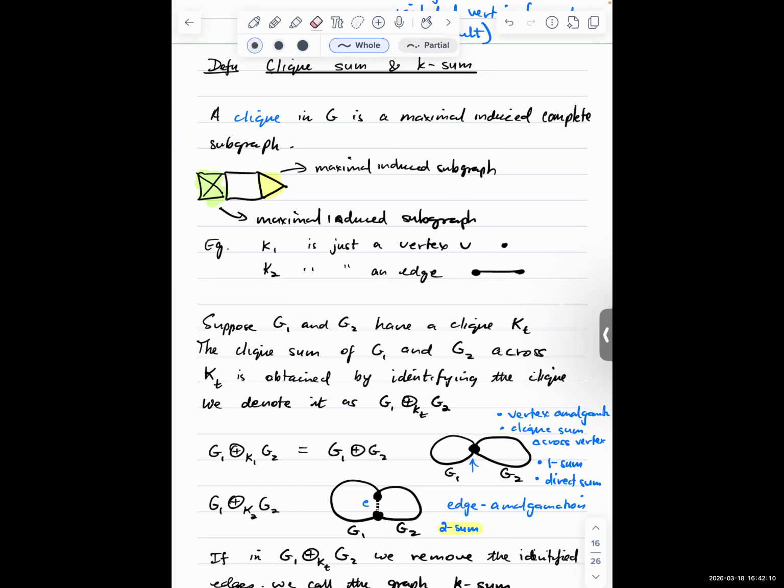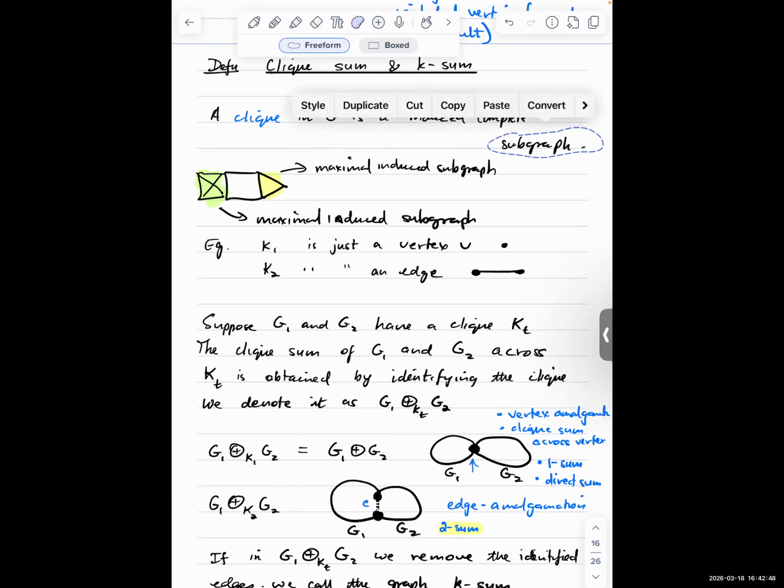For other purposes, we need to define clique as a maximal induced subgraph, but maybe there could be a separation between a clique and a maximal clique. So we'll just remove the word maximal. How about this? Does this work? Yeah, that sounds perfect to me. Thank you.